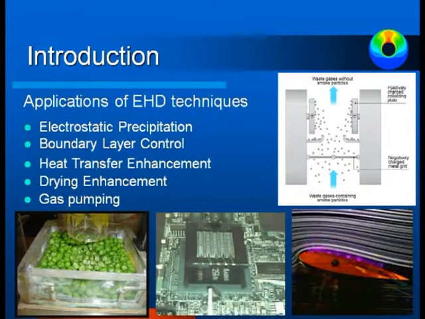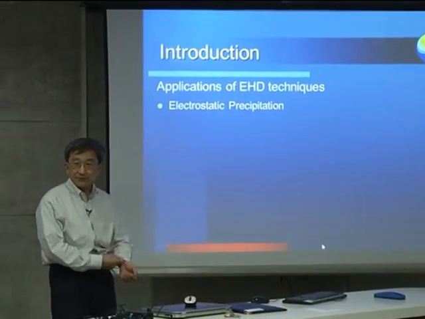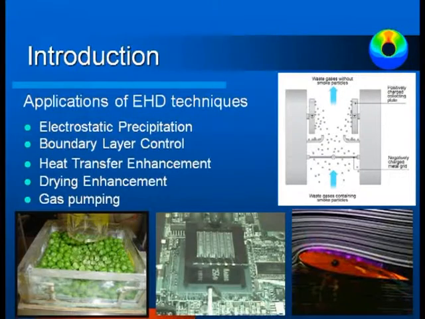Probably the most well-known application is electrostatic precipitation. For example, you want to clean the air, and this has been used in industry, for example in coal-fired power plants. When you burn coal, there is emission of particulate matter that you want to get rid of. So we provide a high voltage to the electrode, and when the dusty air passes through, the dust, or solid particles, will be charged.